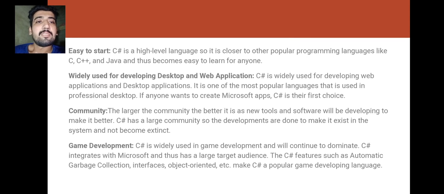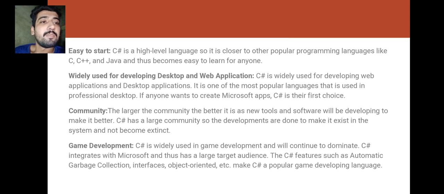The C Sharp language is a high-level language close to programming languages like C, C++, and Java, and it has become an easy language for anyone. It is used for desktop applications and web applications.